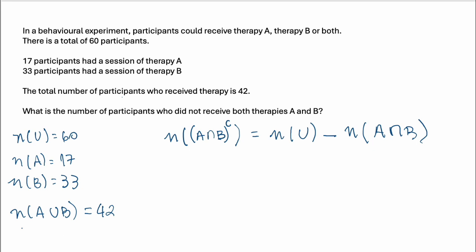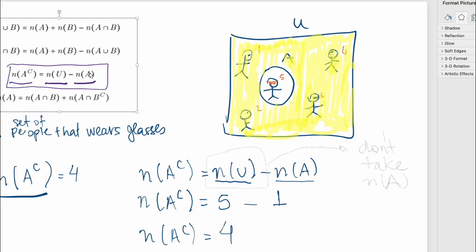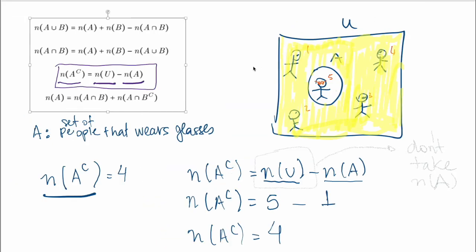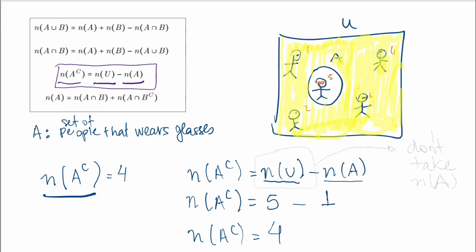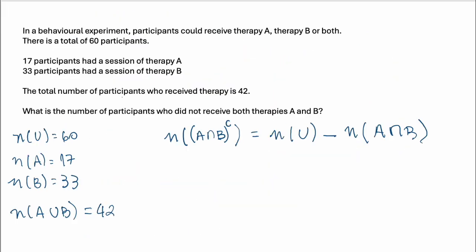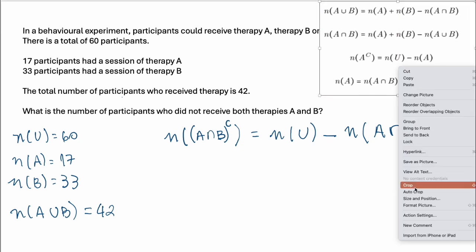If we go back to the slide that contains the formulas, here you go. So this is the formula, N of A complement. Let me copy this so that we can actually use it for the solution. So here is the formula.